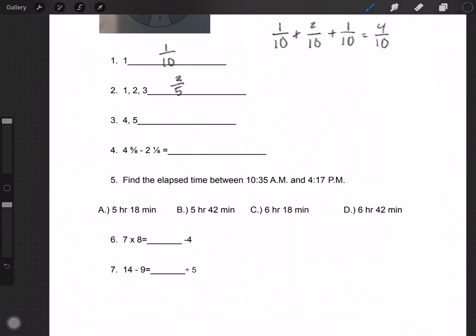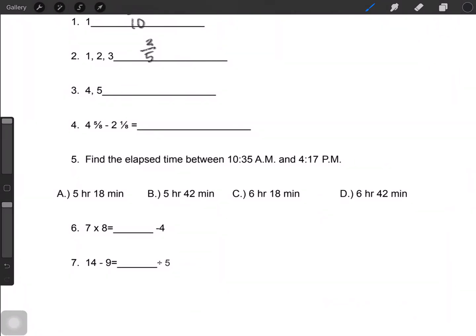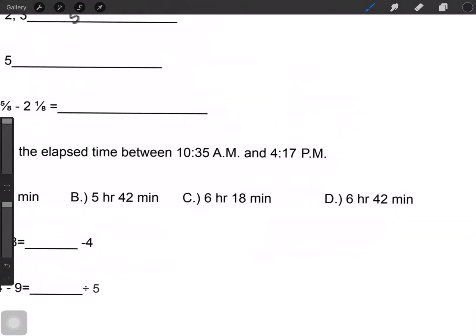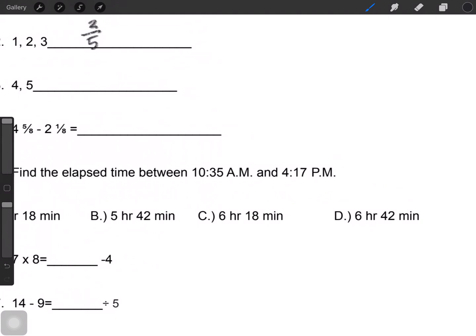So next we have find the elapsed time between 10:35 a.m. and 4:17 p.m. Okay, so first let's find the time between 10:35 and 11, which is 25 minutes.